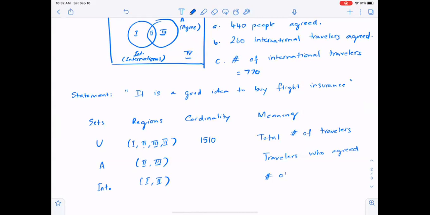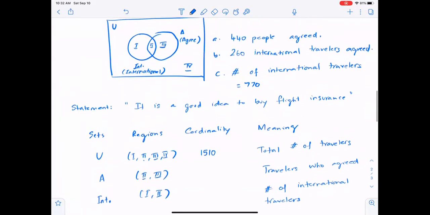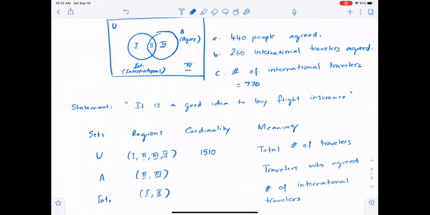Third, the number of international travelers. So set A contains regions 2 and 3. The cardinality is given to us, 440 people. International would be the 770 that is given to us.